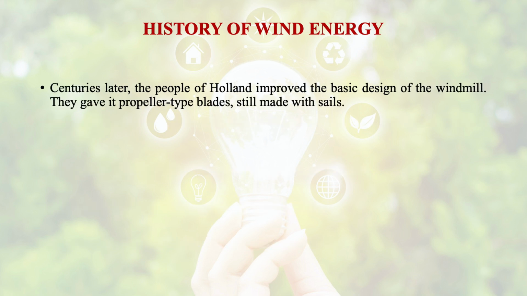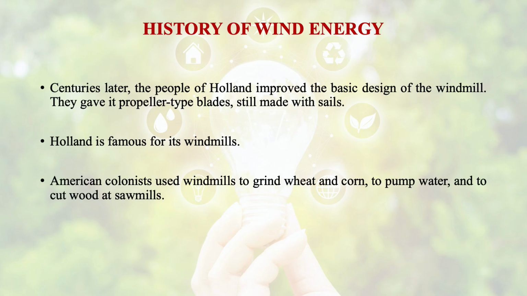Centuries later, the people of Holland improved the basic design of the windmill. They gave it propeller-type blades, which were still made with sails, and Holland is very famous for its windmills. Then American colonists used windmills to grind wheat and corn, to pump water, and to cut wood at sawmills.